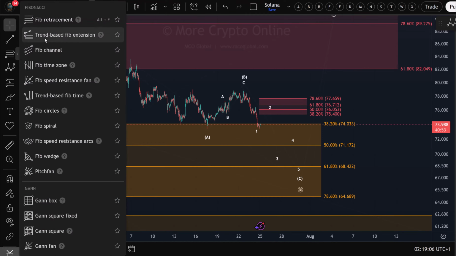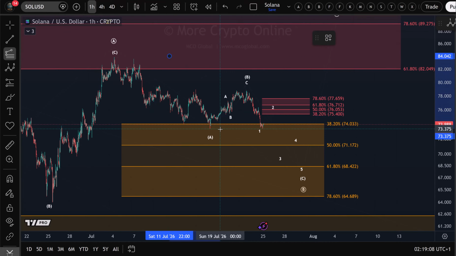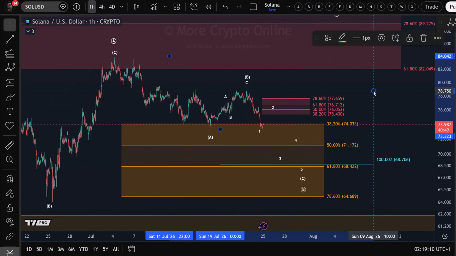And the ideal target for the C wave to the downside is the 100% extension. That's pointing towards roughly $68, which is very much in line with the 61.8 retracement. But this is not a maximum target. So we might go a little bit lower. It's just a nice guidepost, a landmark on the chart, this 100% extension.